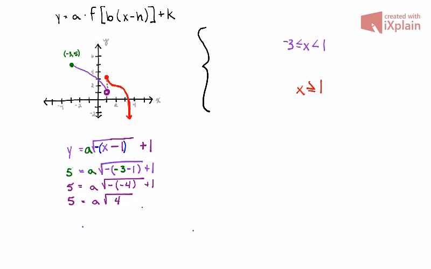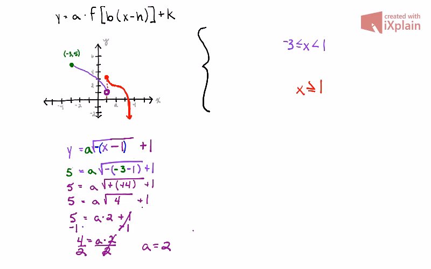This is going to end up being a +4, because a -4 becomes positive, plus 1 on the outside. 5 is equal to a times 2 plus 1. I'm going to subtract that 1 because I can easily remove it, and this is going to give me 4 is equal to a times 2. I will divide both sides by 2, and I find out that a, in this case, is 2, because 4 divided by 2 is 2.